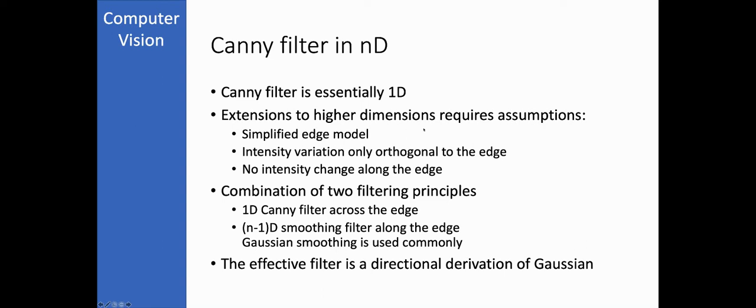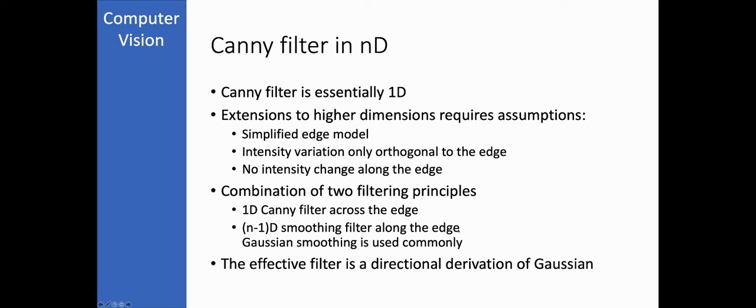In an image, there will be one direction to the edge, and I should only observe intensity variation orthogonal to the edge. So I should see no intensity change along the edge. That's the extension of the simplified edge model to n dimensions, and this is an assumption that we require to be able to apply the Canny filter.